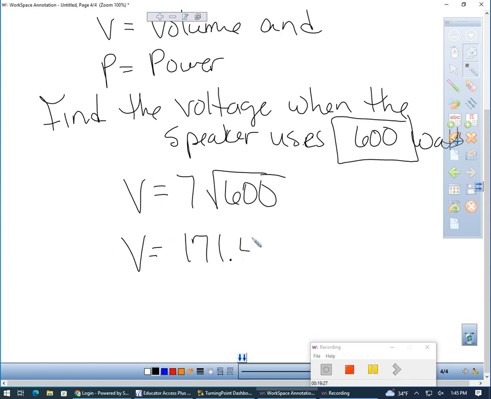That's the answer. So make sure you're paying attention to where it goes, okay? For example, one of them asks you to plug it inside, and the other one asks you to set it equal to it. You've got to pay attention to what information they're giving you, okay?